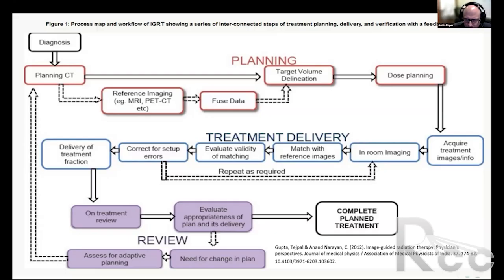And further, these images are used for the match at the machine. And that match can either be relative to a 2D digitally reconstructed radiograph, or it could be relative to the 3D data set, respectively using paired two-dimensional images or a cone beam CT for a true 3D match.